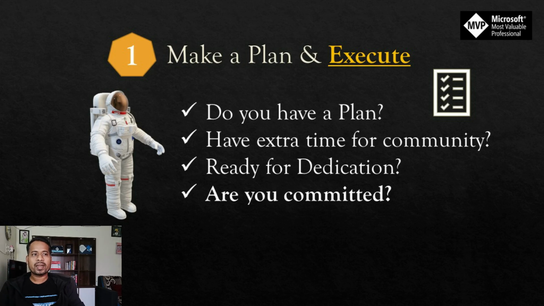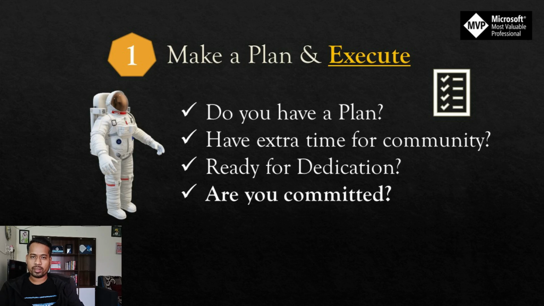Now, what is there inside this making a plan and execute it? First, you have to ask yourself, do you have a plan? Number one question. Number two, do you have extra time for community? And it's free, of course. You have to work for the community free of cost.